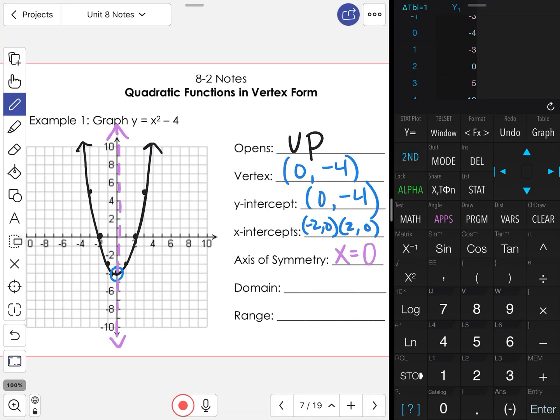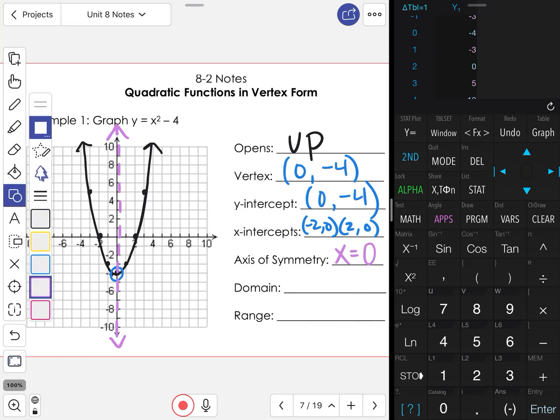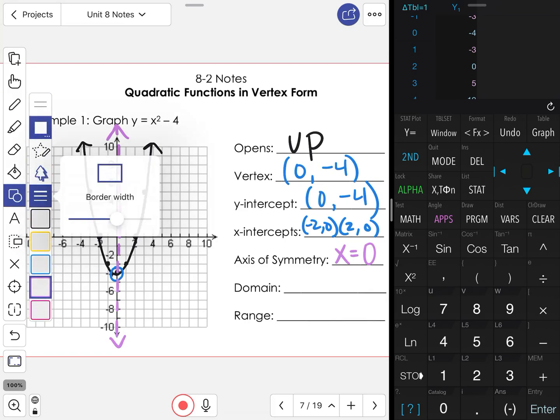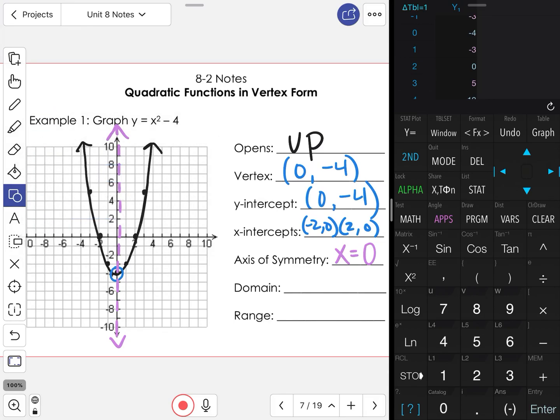Okay, then we're going to say our domain and range. This is something we haven't talked about in a couple chapters, but it's never really going away. So let me remind you how to find your domain and range.